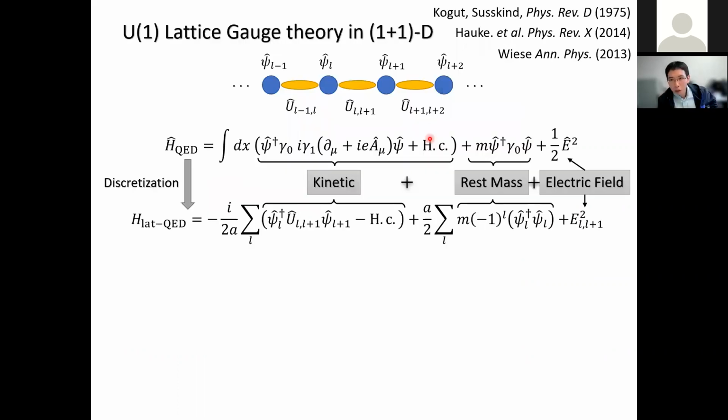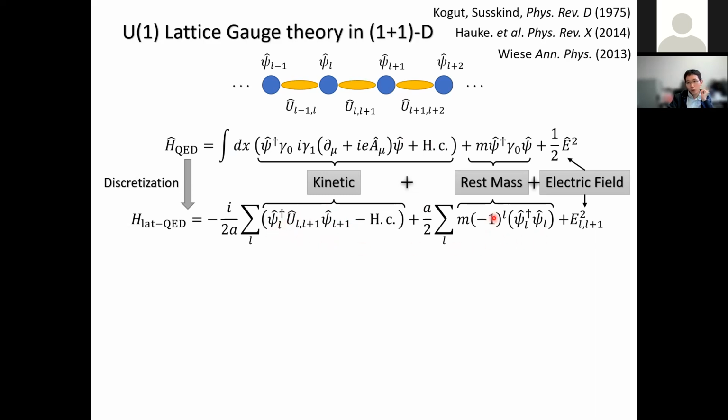So the problem that we are interested in is this QED Hamiltonian. And by discretization, we can construct this one-dimensional lattice gauge theory. And you have this kinetic part, which describes the interplay between matter and gauge field. So the dynamical gauge field operator will couple the fermionic matter fields.